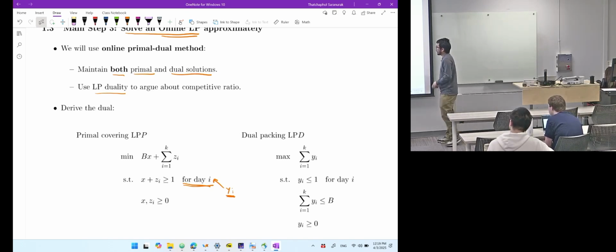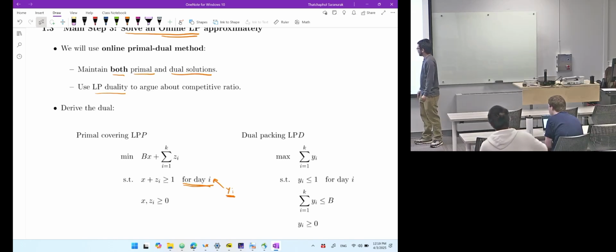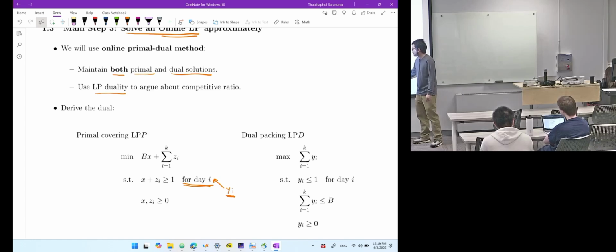If this were an offline LP, it's quite clear that you can just set b of these y to be 1, and then the solution is b. It's not a super interesting LP.